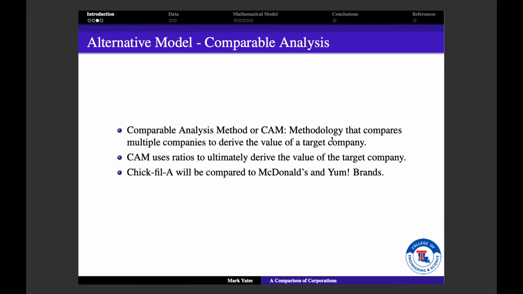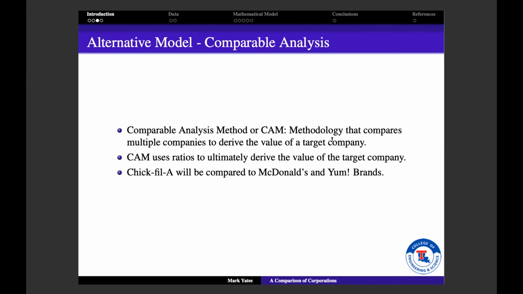Yum Brands, in case some of y'all don't know, is the parent company of KFC, Taco Bell, Pizza Hut, and WingStreet Worldwide. I'm comparing them to these two companies because McDonald's is larger than Chick-fil-A and Yum Brands is smaller. Chick-fil-A lands right in the middle as far as sales go. So they were good limits, sort of an upper and lower limit of what to compare Chick-fil-A to. So that's why we chose those.